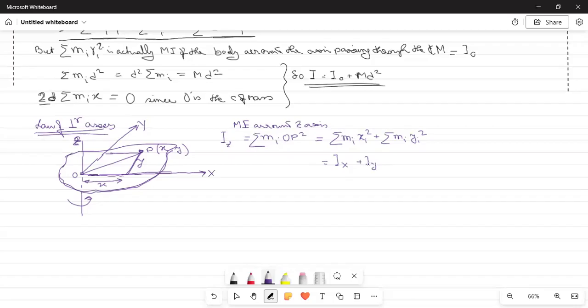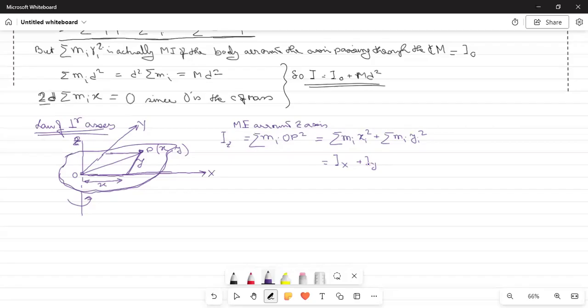That means the moment of inertia around the z-axis is equal to the moment of inertia around the x-axis plus the moment of inertia around the y-axis. If you draw the three axes in a different way, the same formula will appear again and again.